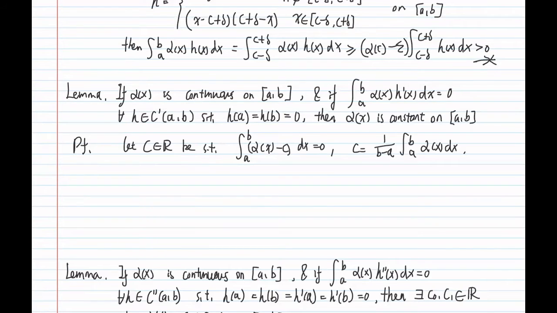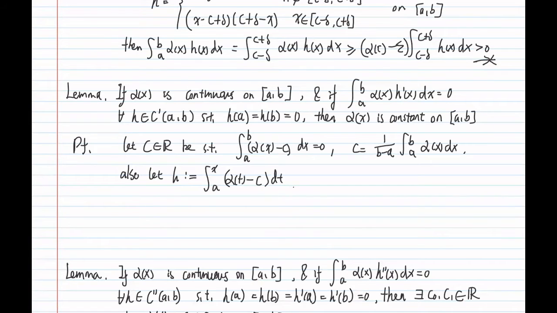Then what do we do? We now construct a specific h prime. Let h be defined as the integration from a to x of the function alpha t minus c dt.